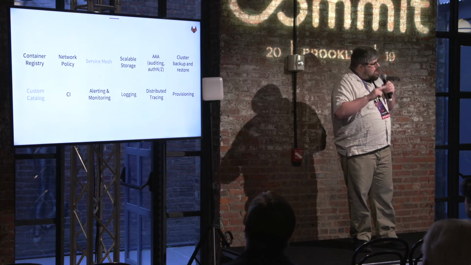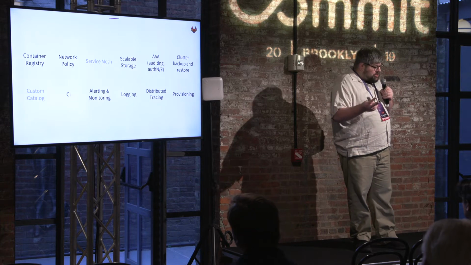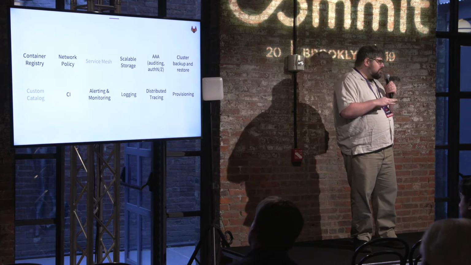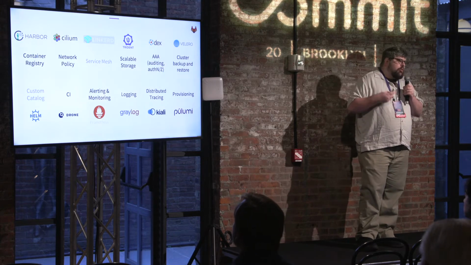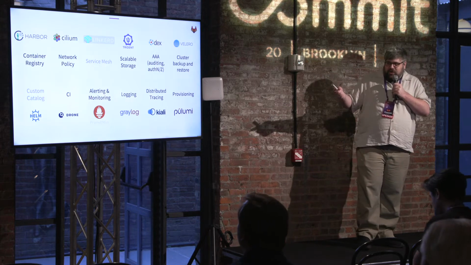Two of these are maybe optional, service meshes and custom catalog. You could sort of probably make an argument that you don't need them, but for most of these, you're assembling them from components in the CNCF landscape. And quite a lot of effort has to go into connecting all of these pieces together if you're not buying a product that does that for you.